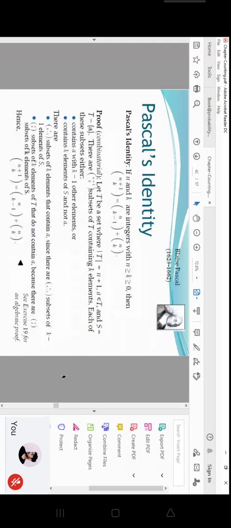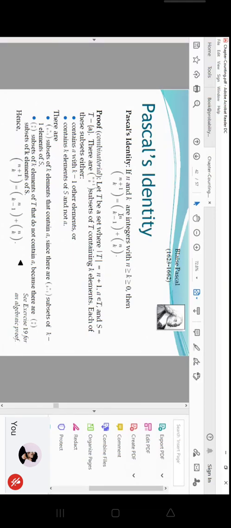Now from these concepts of binomial expansion, we can generate a Pascal tree, or the Pascal formation, based on the formula of the Pascal identity. The formula is something like: n plus 1 choose k. Out of n plus 1 elements present in a set, we want to choose k elements. That actually equals nC(k minus 1) plus nCk.